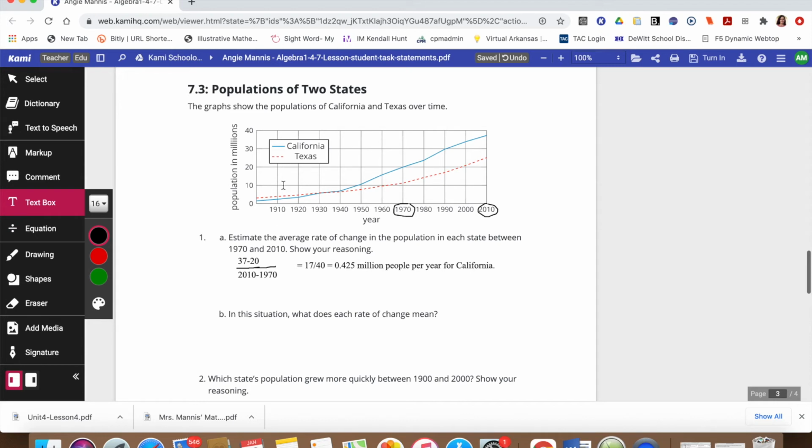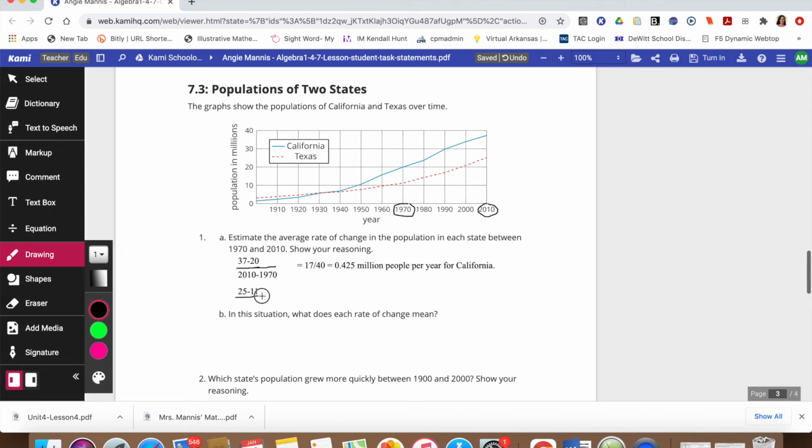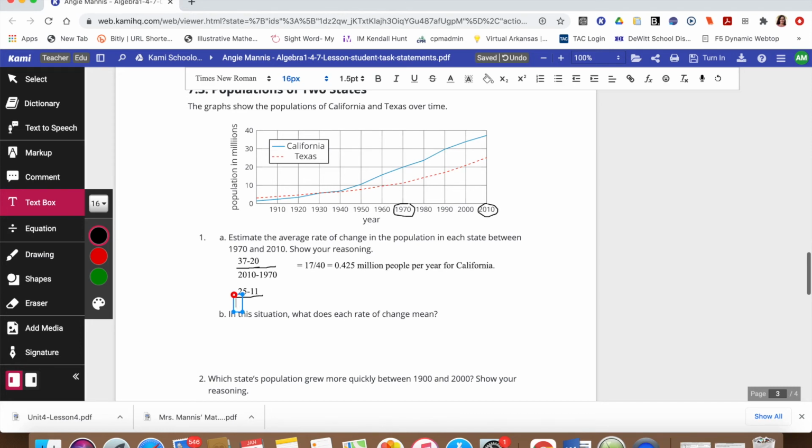So looking at Texas, that's that dotted line. It looks like in 2010, Texas had a population of 25. And then in 1970, it looks like 11. So we have 25 minus 11, and then we are going to have our fraction bar there, and underneath that, we're going to again take 2010 minus 1970.